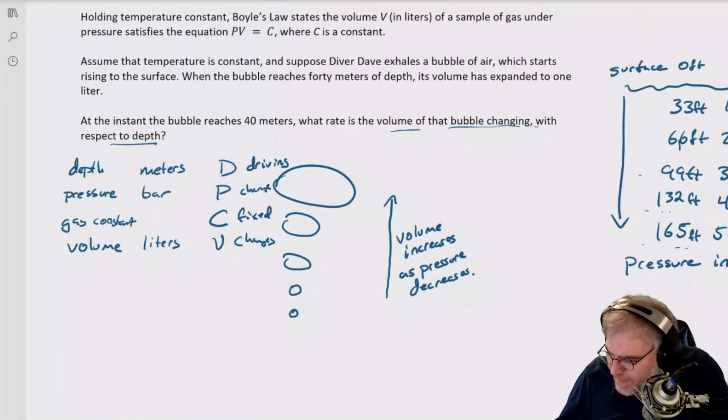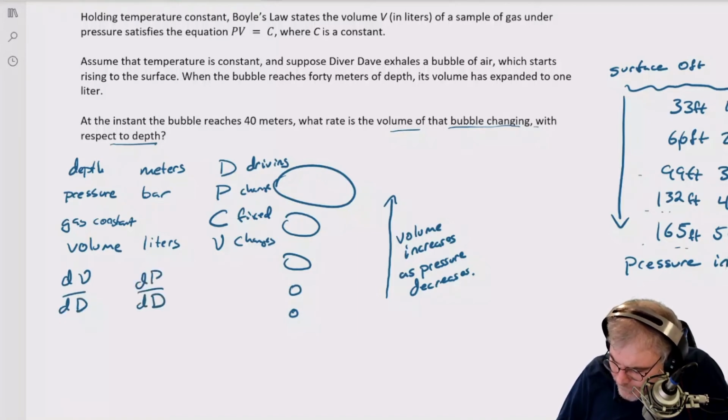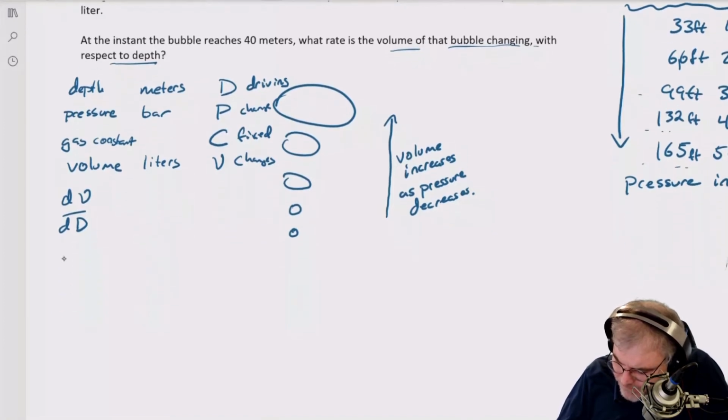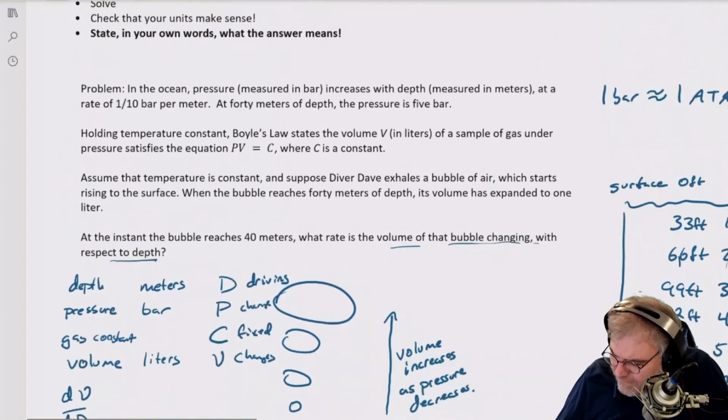I expect the volume to get bigger as the air pressure decreases. My question is, what is the rate the volume of the bubble is changing? So I'm going to have dV over dd, and I'm also going to have dP over dd: a change in volume and a change in pressure. Pressure is going to change with depth and volume is going to change with depth, and I've got this thing that relates them, which is PV equals C.